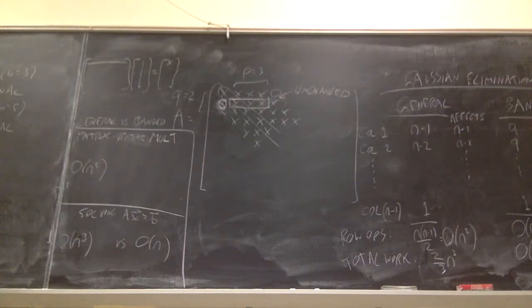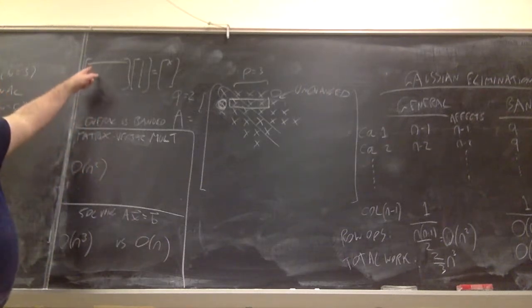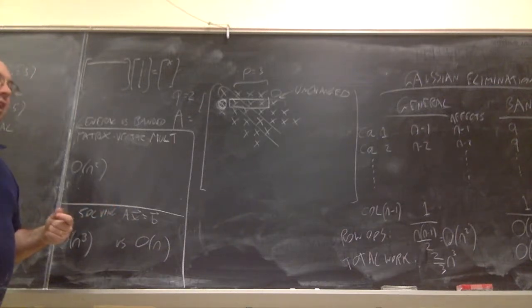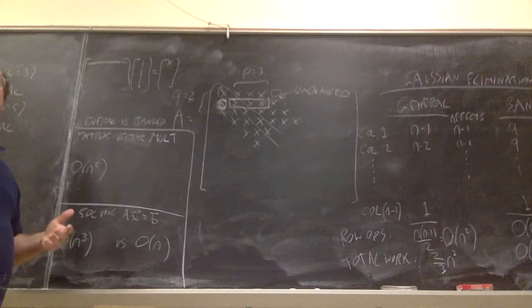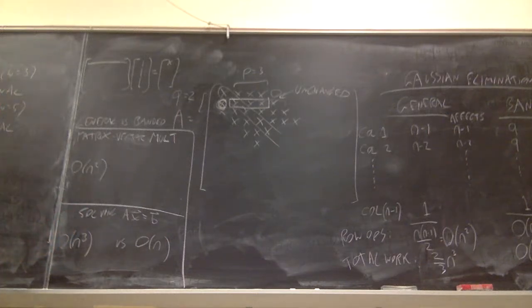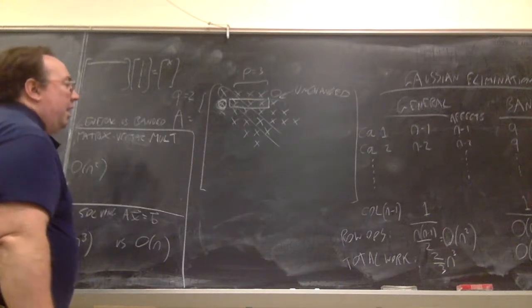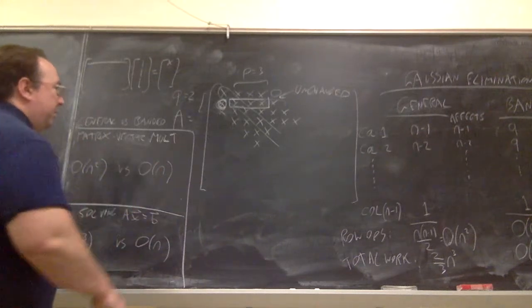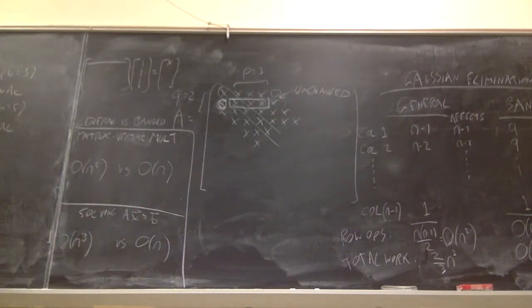Now, what about the banded case? You still have n elements to compute in your result, but for each one, you're only multiplying with a number of entries that's bounded by your total bandwidth. So you get only order n.